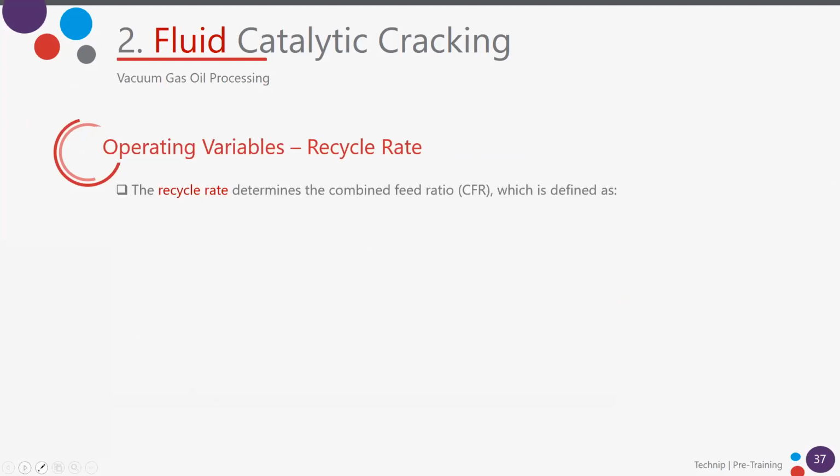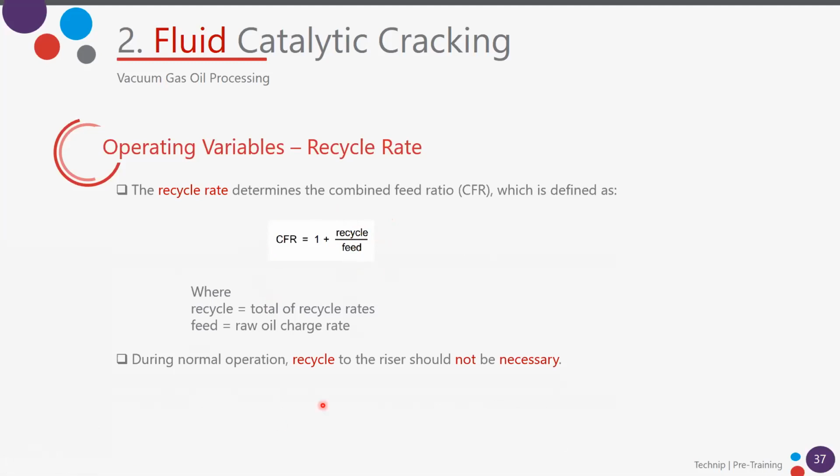The recycle rate is defined by this formula, okay? In some cases, you will have some recycle from the column to the reactor, but in normal operations, you don't have this recycle, okay? So the recycle to the riser is not necessary during normal operation.